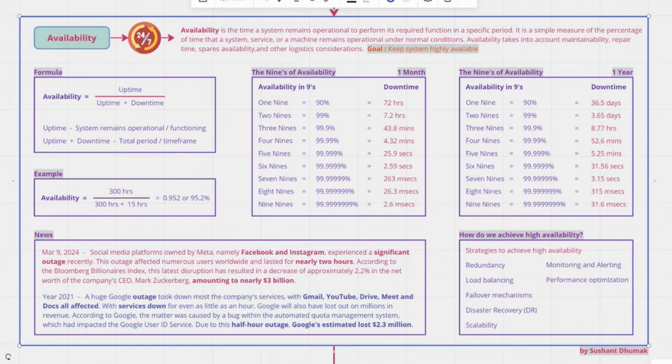And when we design a system, which we are going to do in future sessions, we have to keep in our mind that we should keep our system highly available, and accordingly we should plan how we can make our system available all the time by keeping these kinds of strategies in mind: how we can load balance, how we can have replication, redundancy.